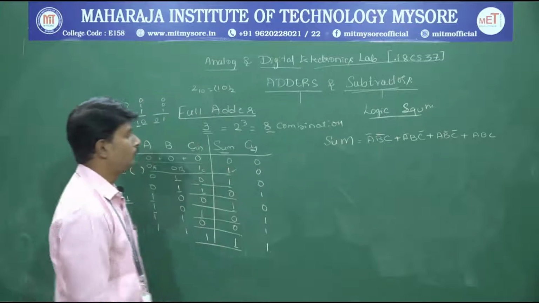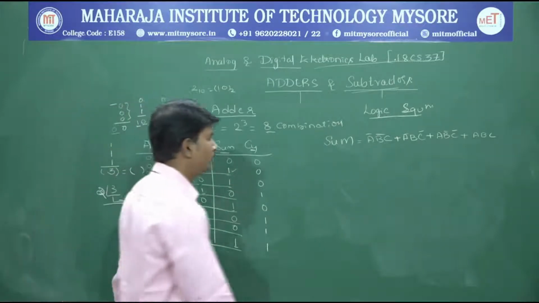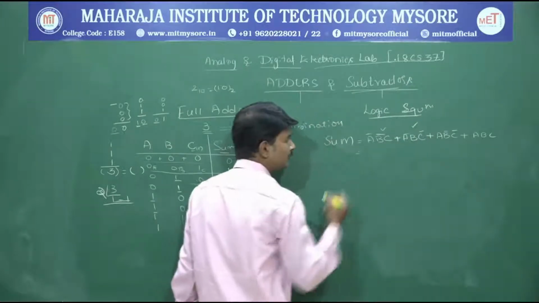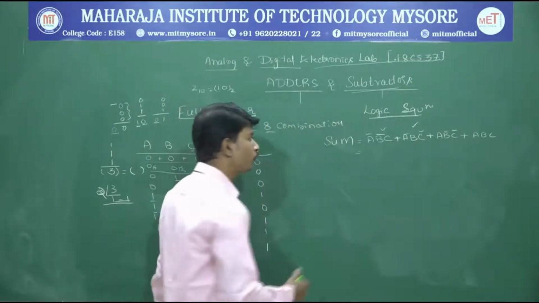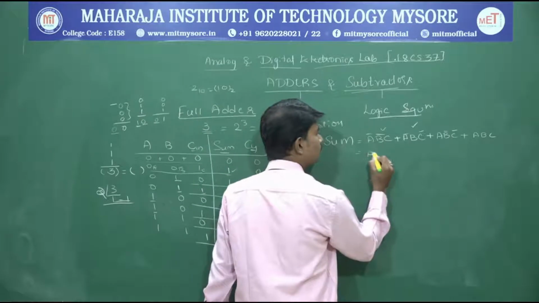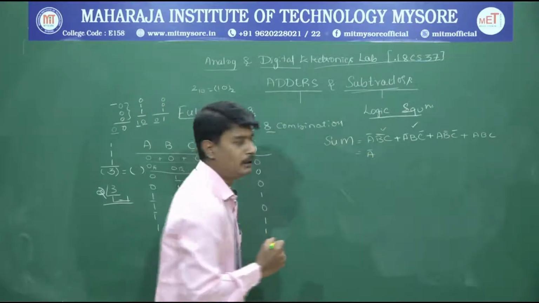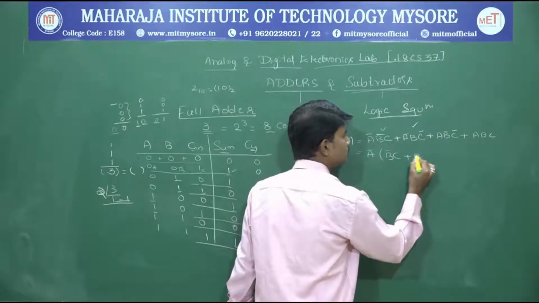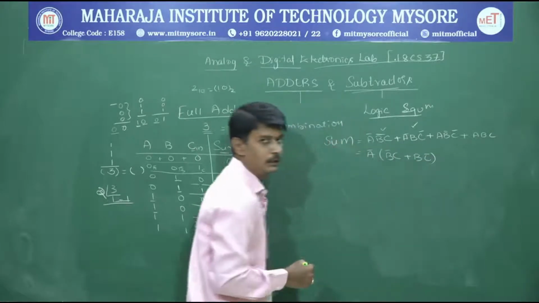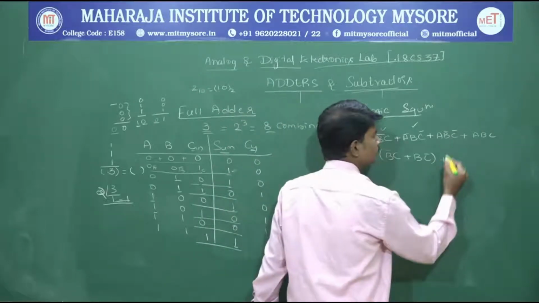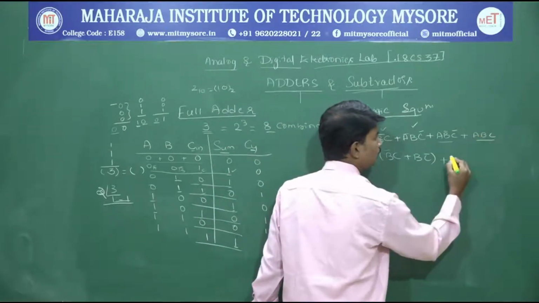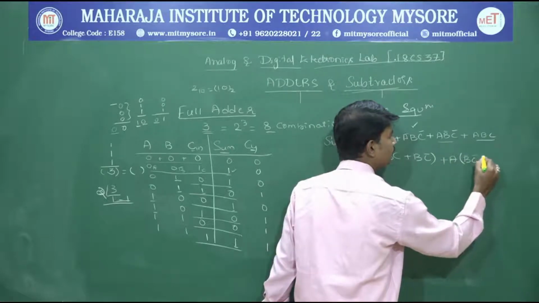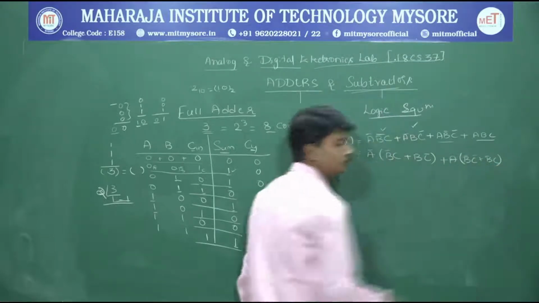Now let me check for the common variables here. In these two combinations, or you can say SOP terms, A bar is common. So I'll take A bar as common, and then I'll put B bar C plus B C bar, and then in these two SOP terms I can take A as common, then I'll say B bar C bar plus BC.